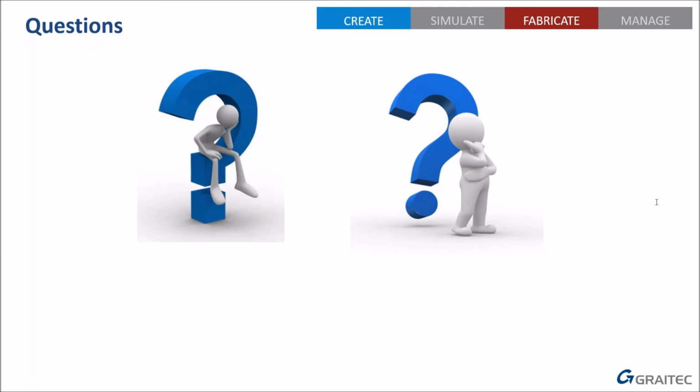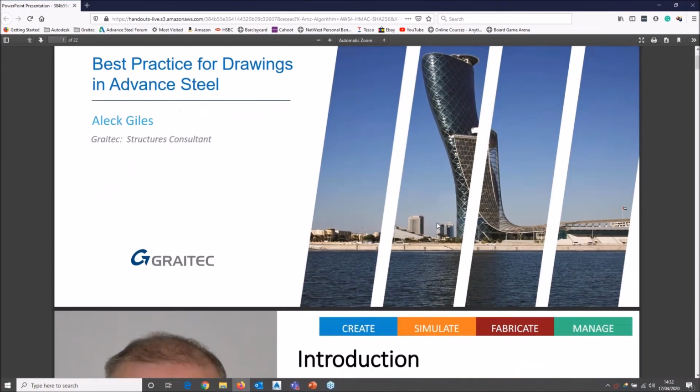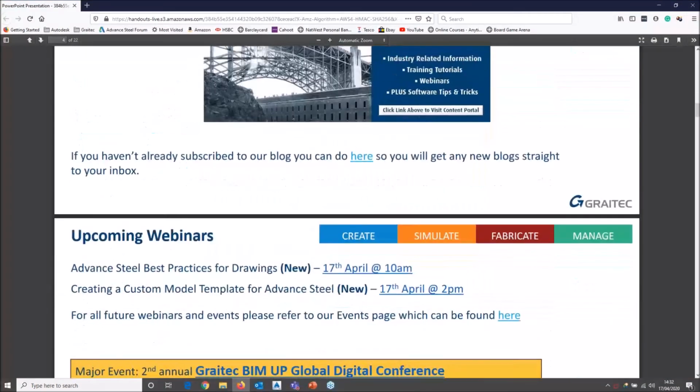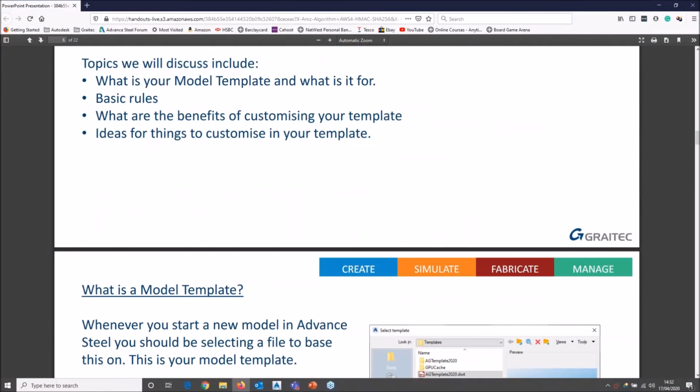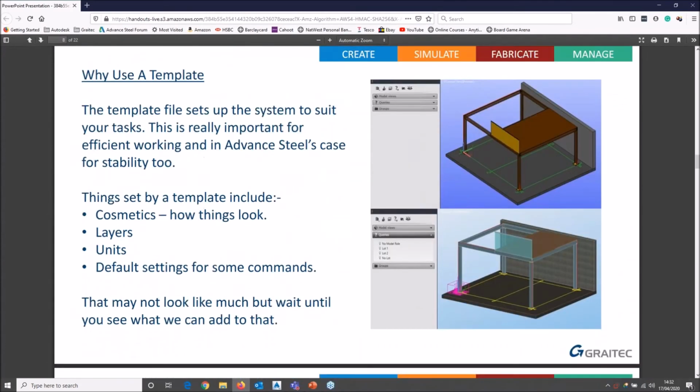Can you check the PDF file for me? Okay, let's check my handout is the right handout. I apologize if it's the wrong one. Yeah, it was just the title page I had wrong.